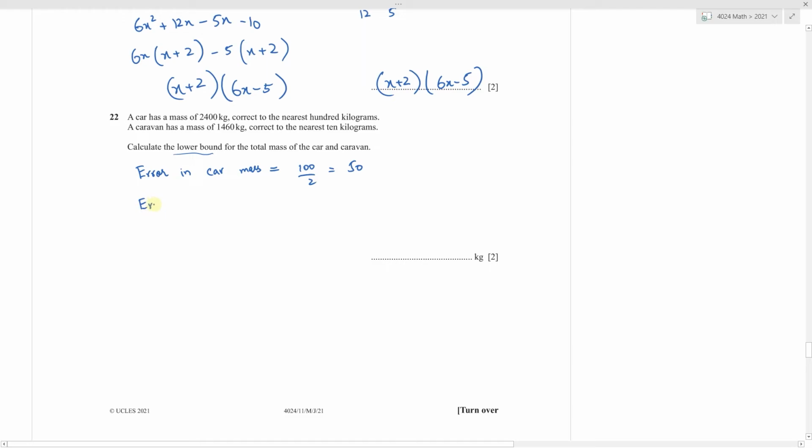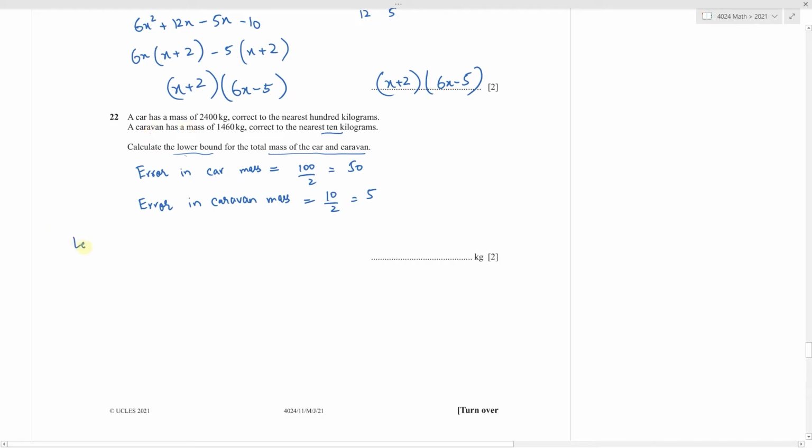And then you have the error in caravan mass. Error will be it's nearest to 10 kilograms, 10 divided by 2, which is 5. Since you have to find the lower bound for the total mass of car and caravan, that means you have to add the lower bound mass of car plus lower bound mass of the caravan.